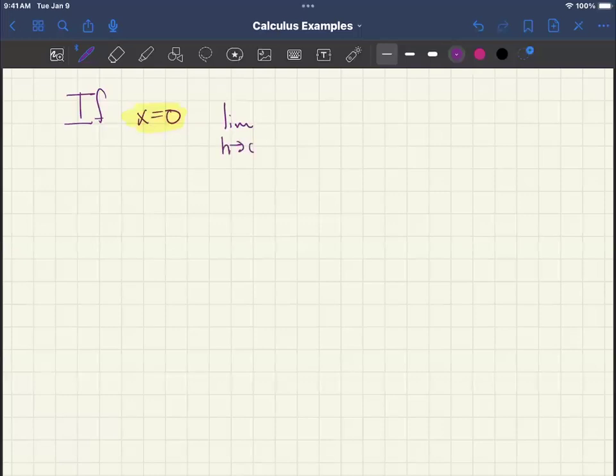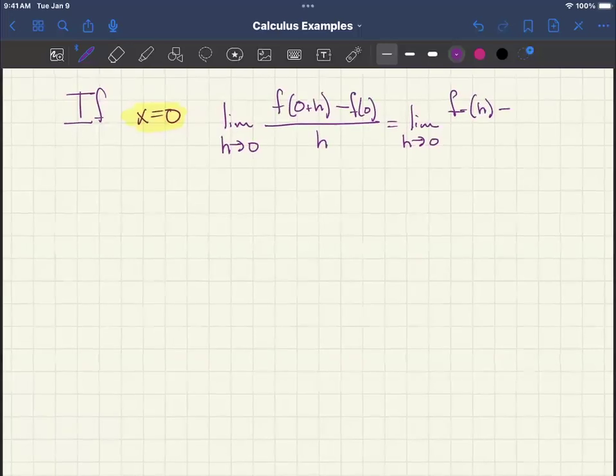So we have limit as h goes to 0, and I'm actually going to go through and write this out in terms of the limit, just so that we see it. f of 0, and then we'll keep on adding stuff in. So I put out our function this first time here. So this gives us f of h minus f of 0, and when we plug 0 into our function, we know that we get 0. So that is just going to kind of disappear there.